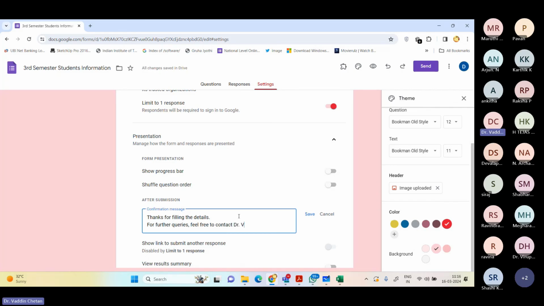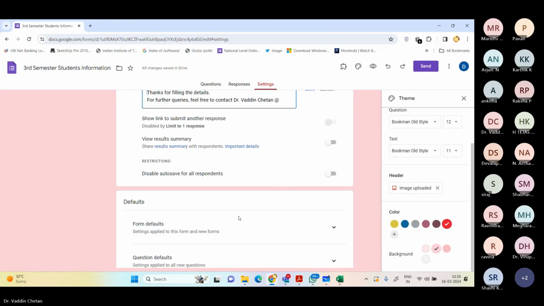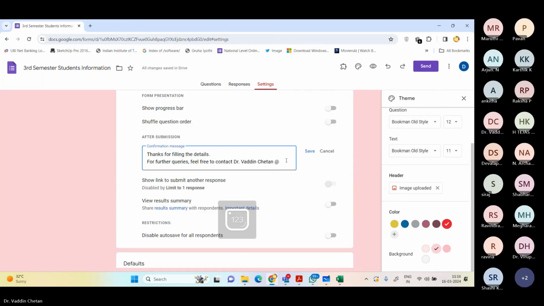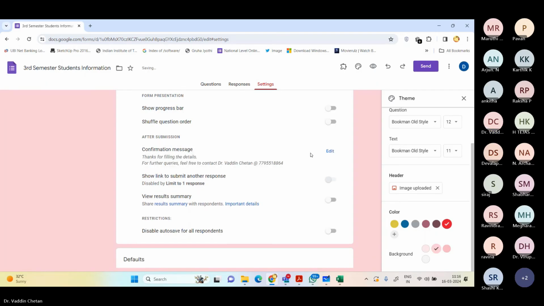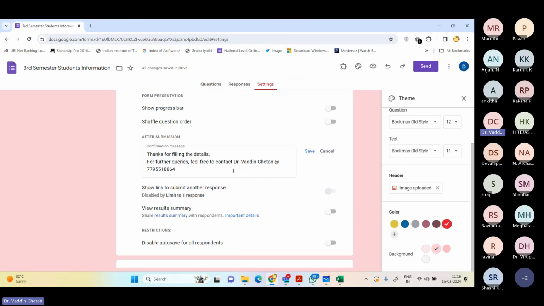Sorry, I had turned off my block. Right? Click on save, or you can give your email ID also.